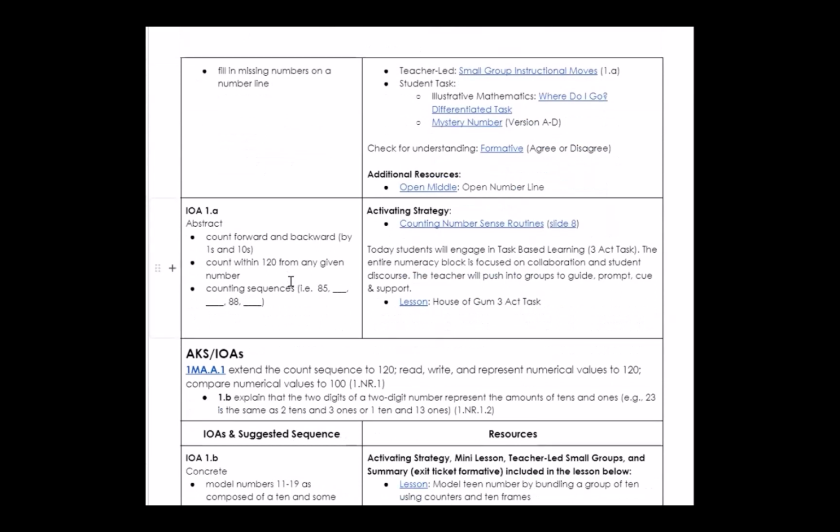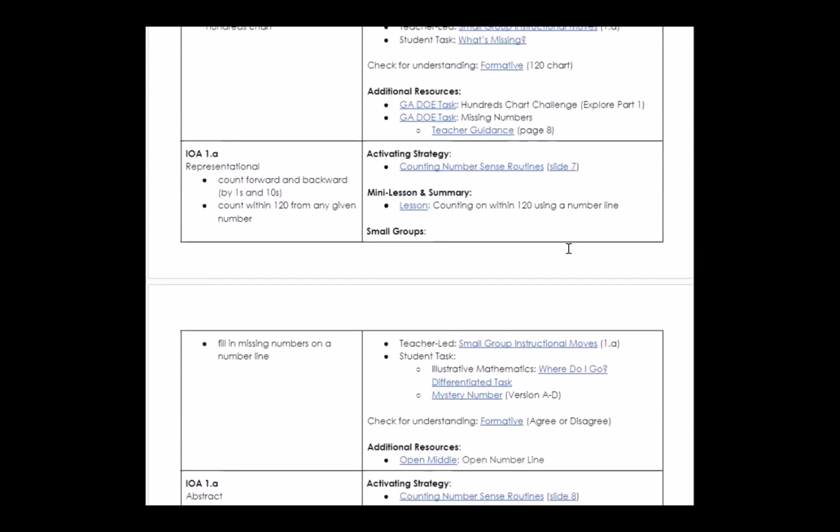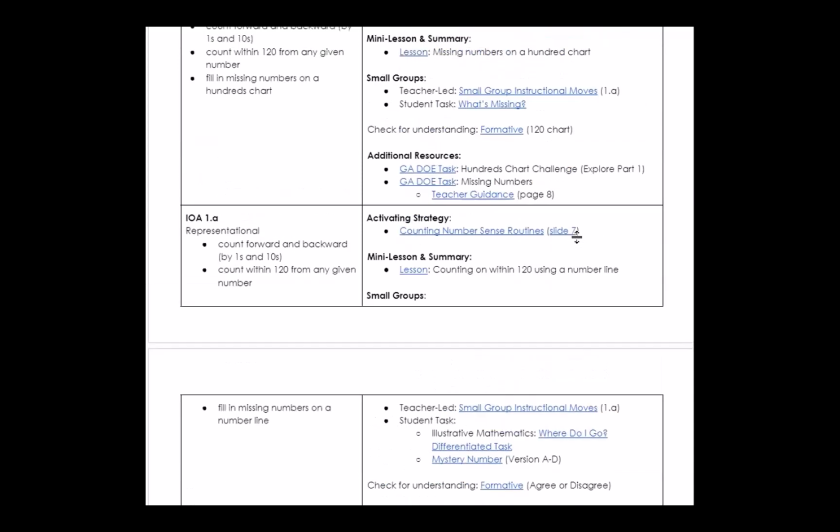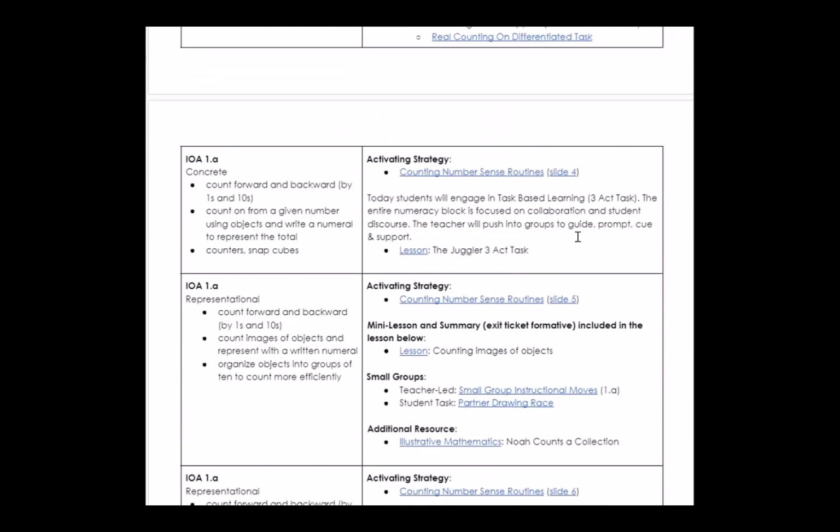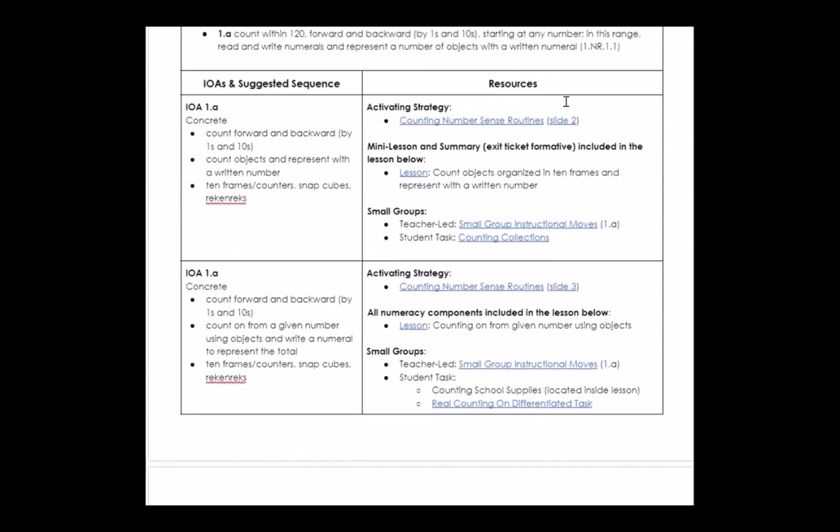Over the course of these 7 days of instruction, notice that the activating strategy has been strategically planned and placed to provide teachers with an opportunity to introduce different counting and number sense routines. So each day, you see you have a different slide to do.